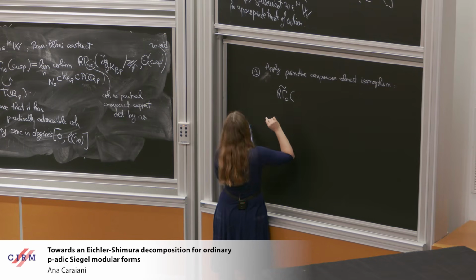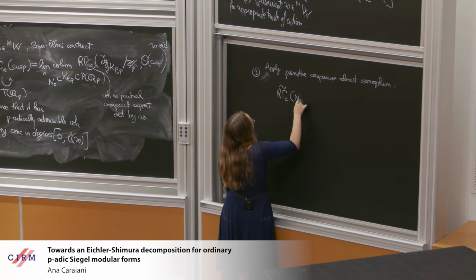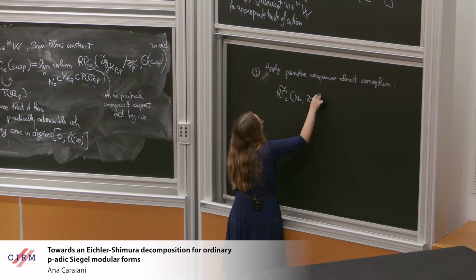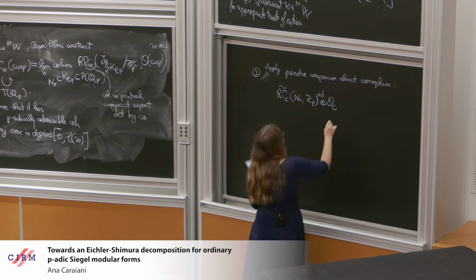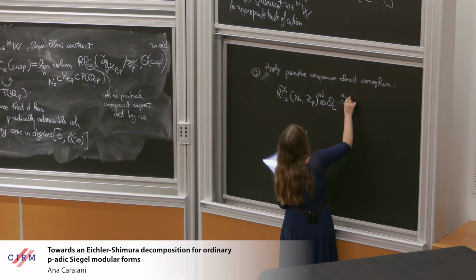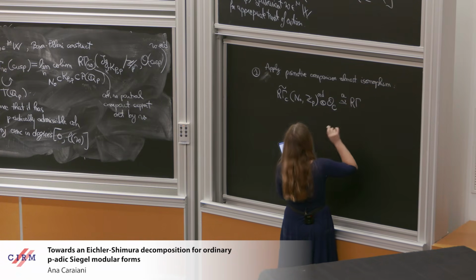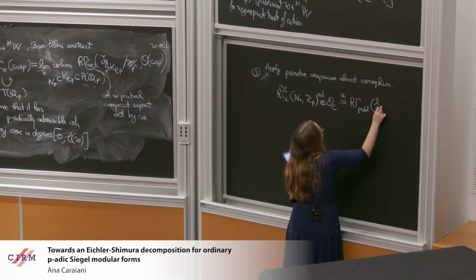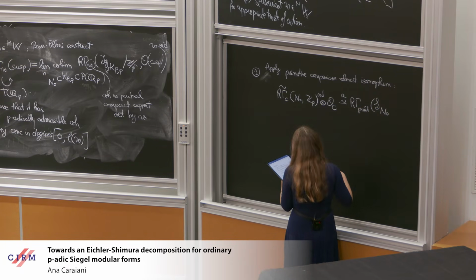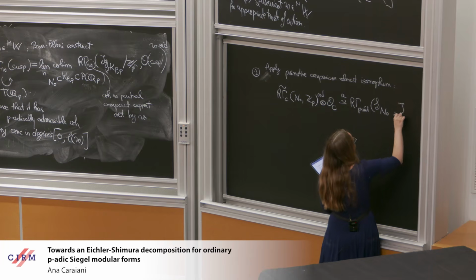So you start out with the object that you're trying to decompose, extend scalars, and then this is almost isomorphic to some kind of pro-étale cohomology on the Shimura variety at level n0, which is really a diamond.